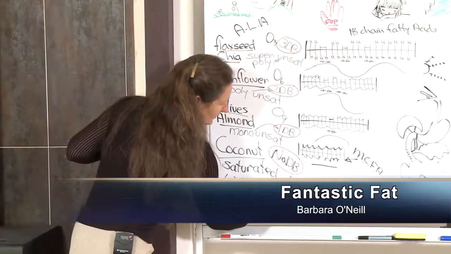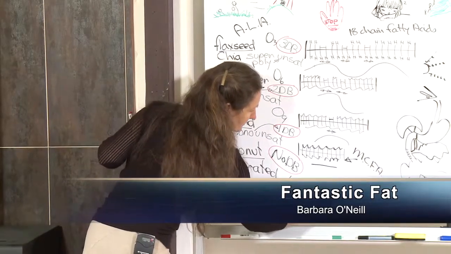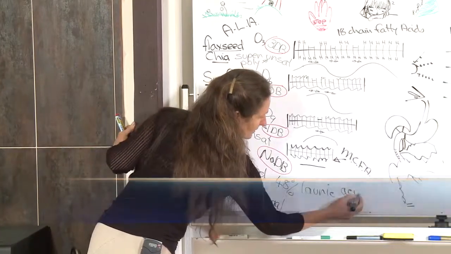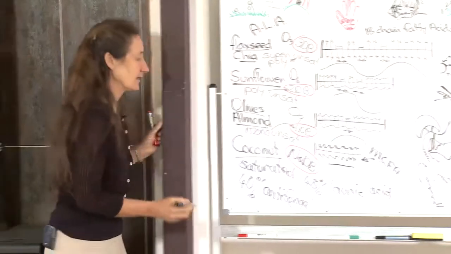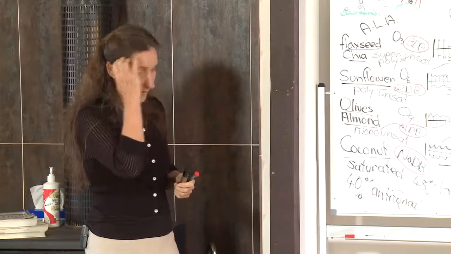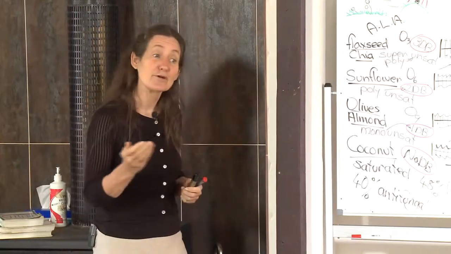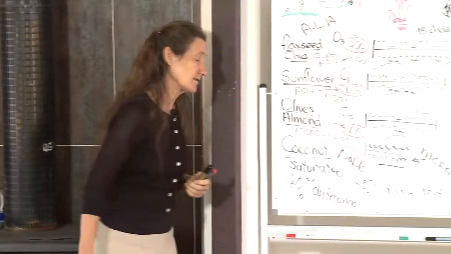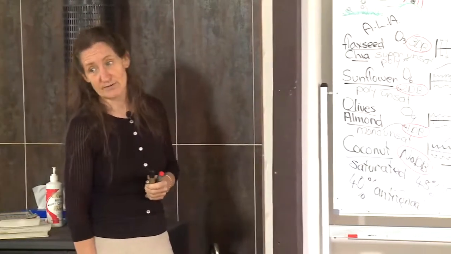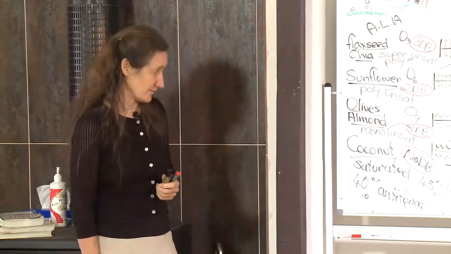Coconut is 48% lauric acid, and lauric acid is a fatty acid that's antimicrobial. Butter is 2% lauric acid. But there's another food on the planet that contains lauric acid in good amounts, and that's breast milk. So that's another reason why coconut milk is very similar to breast milk.